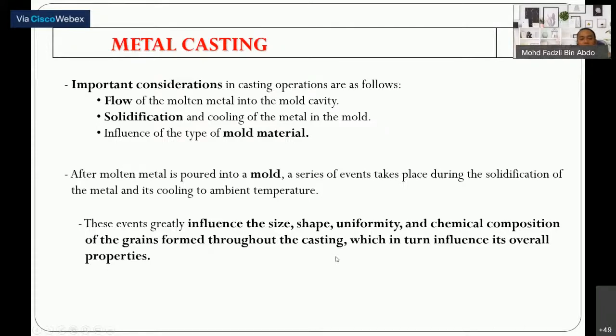Which means during the solidification, during the keras tu, there are some series of processes that influence the size, the shape, uniformity of the product, also the chemical composition, and which in turn dia akan influence the overall properties lah of the product. Okay, it means the properties mean the mechanical properties, basically the mechanical properties.